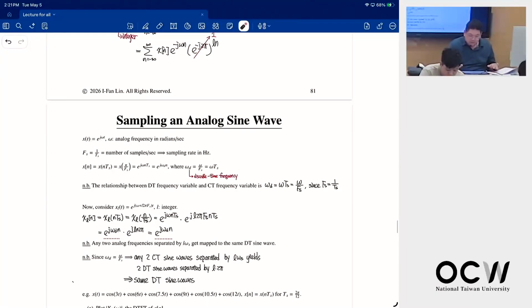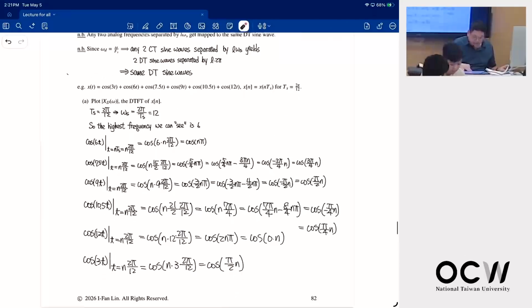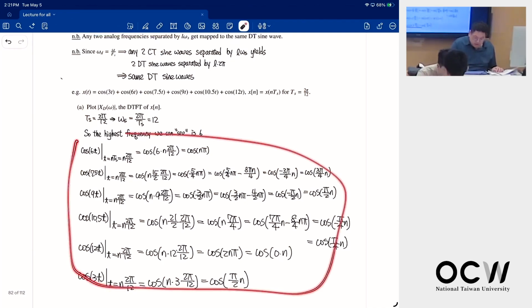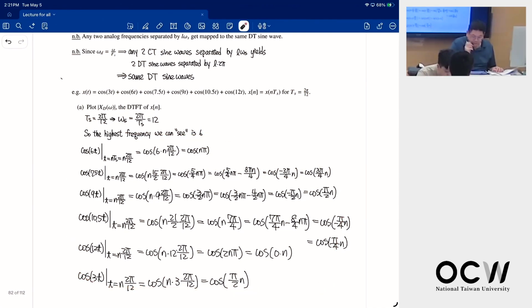Then we focus on sine or cosine signals. If I sample sine or cosine signals, what happens? Here we have an example to see how aliasing works. I want to plot the discrete time Fourier transform. First I sample it.